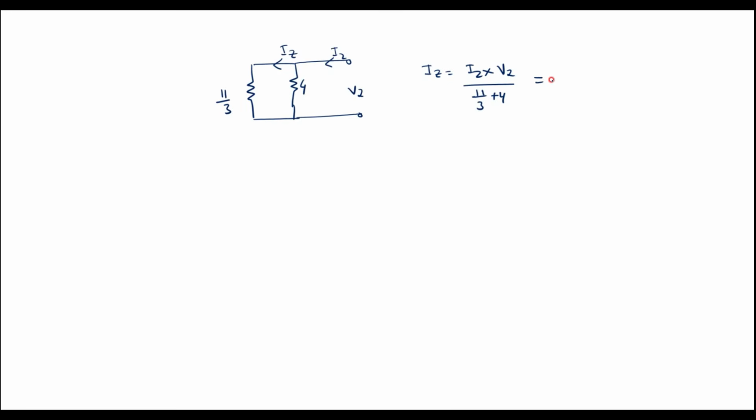So simplifying this, I2 into 4 divided by 11 by 3 plus 4, which is nothing but 23 by 3, or I can write it as I2 into 4 into 3 divided by 23, or I can write IZ is equal to 12 by 23 I2.